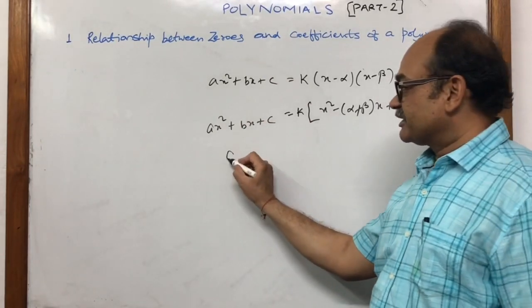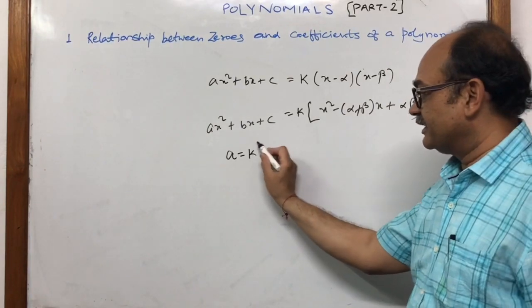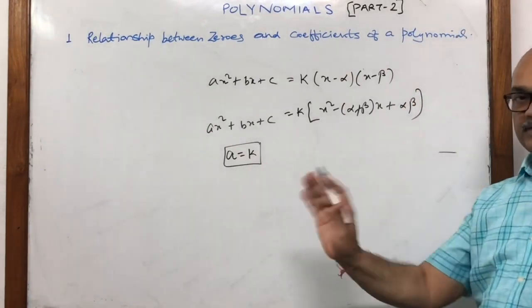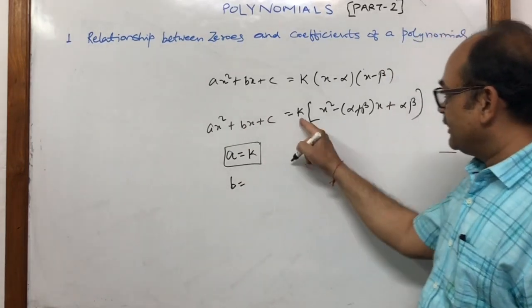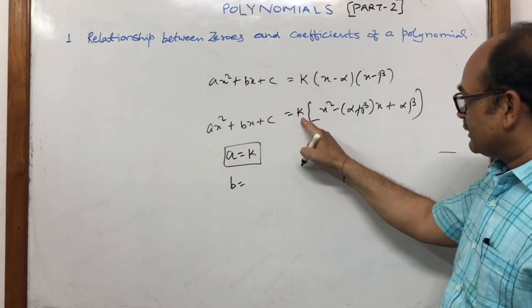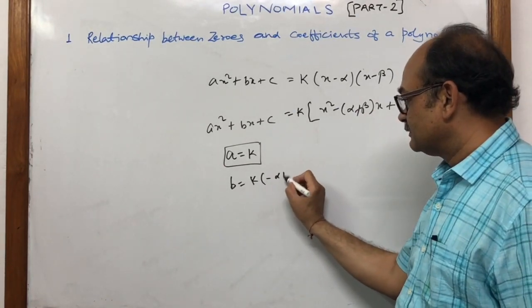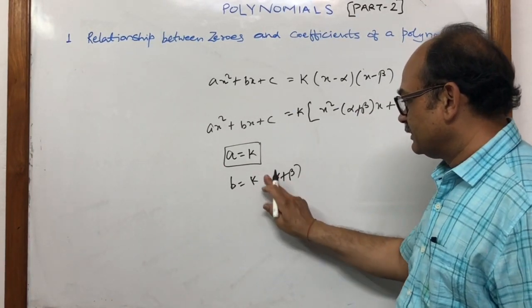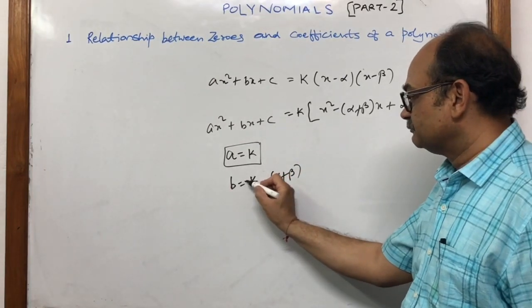First we start with the coefficient of x square. Here the coefficient of x square is a, and here the coefficient of x square is k. So first thing, k equals a. Now the coefficient of x is b, and here the coefficient of x is k into minus alpha plus beta. K into minus, so we can put minus out.